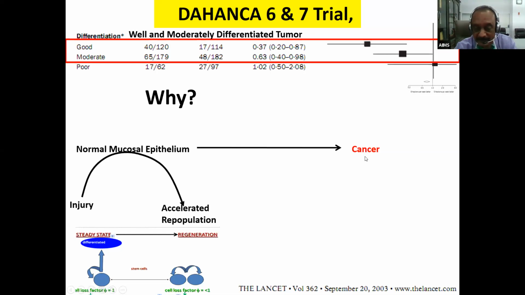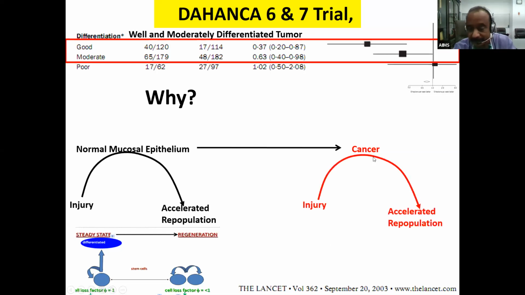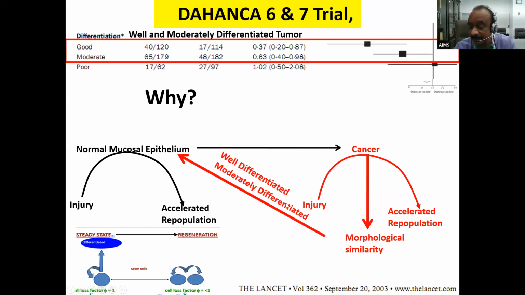Now this cancer cell, to retain the same function, that is, in response to injury, should undergo accelerated repopulation. So to retain the same function as its parent cell, it should have some morphological similarity with the parent cell. And out of these three, you tell me which type of tumor in terms of grading has the most morphological similarity with the parent cell. It is the well-differentiated tumor. And to some extent the moderately differentiated tumor; the poorly differentiated tumor has no similarity.